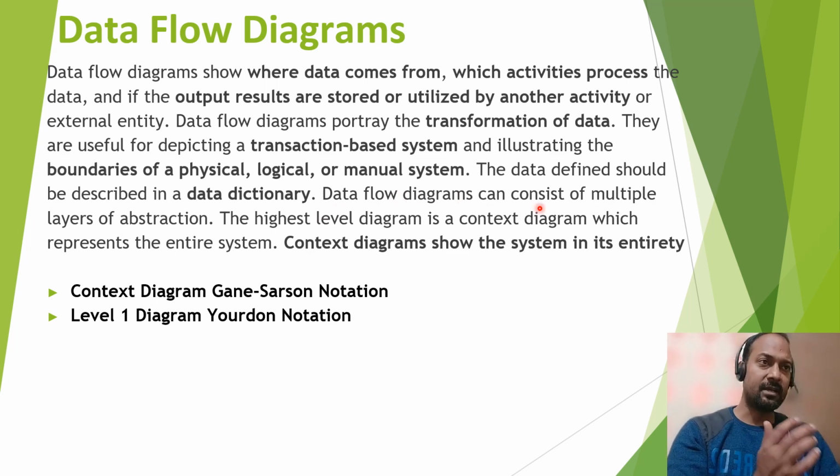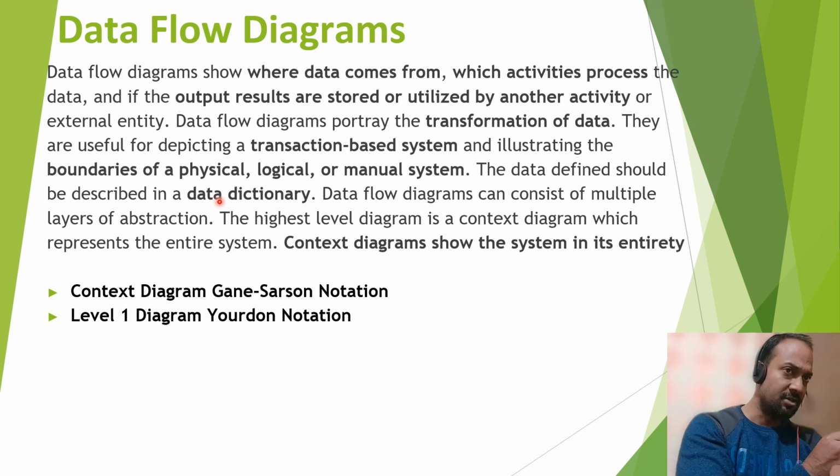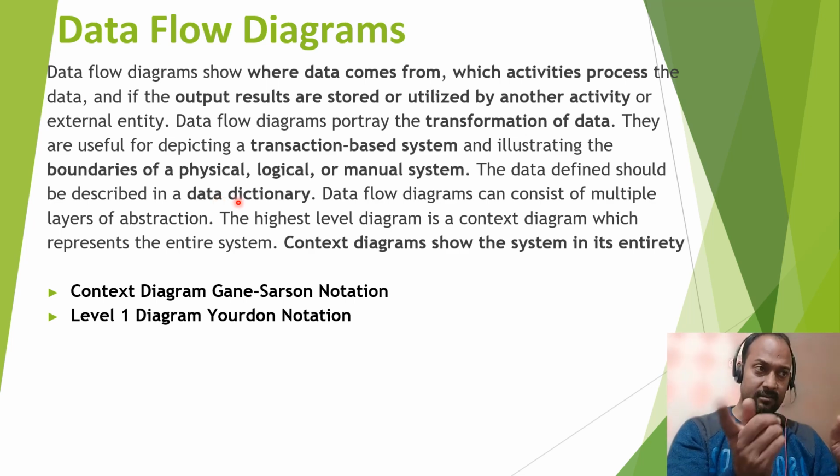Remember, a question may come like, where is this data being represented, something shown in data flow diagrams. So you link it: the terminologies and topics in the data flow diagram are also described in a data dictionary, right? You can correlate if any question comes in.